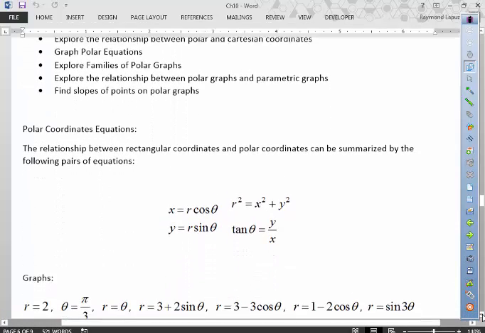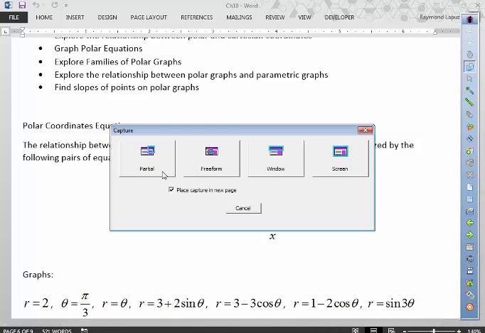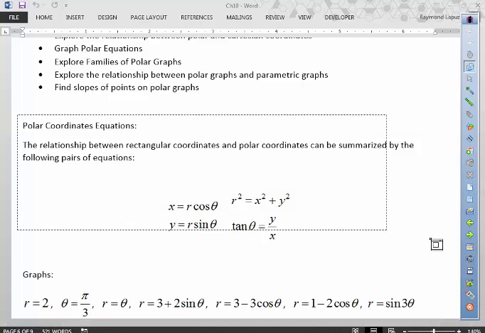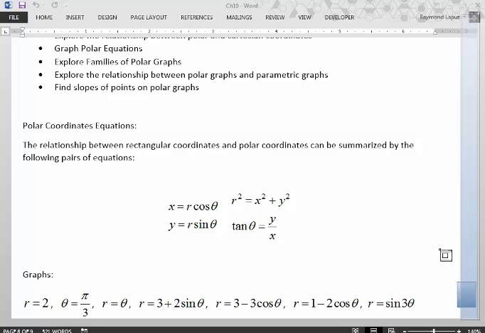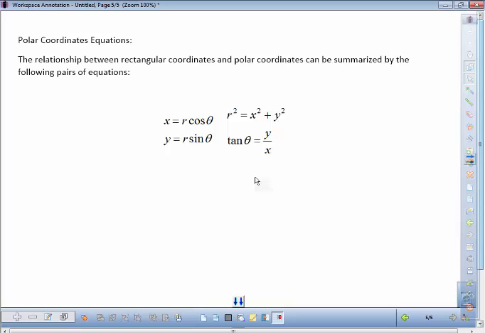So, polar coordinate equations. Polar coordinates make the relationship between two variables, x and y, with the other two variables, r and theta. And the relationship gives you the algebraic formulas needed to describe polar coordinates.